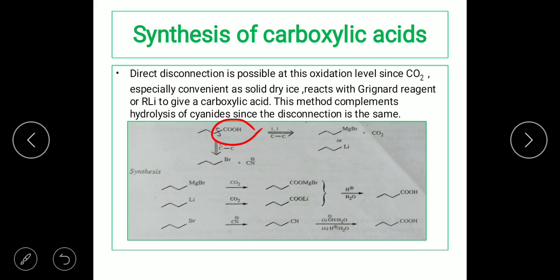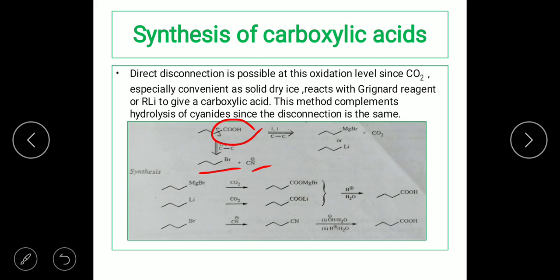So the synthons would be COOH minus and R plus, and the synthetic equivalent for R plus would be a halide, an alkyl bromide, which is going to be attacked. And the synthetic equivalent for COOH minus would be CN minus. So this is an example of umpolung, and we're going to make use of umpolung here.